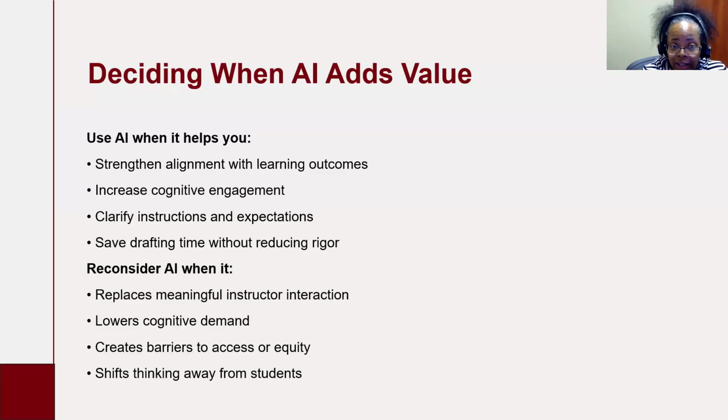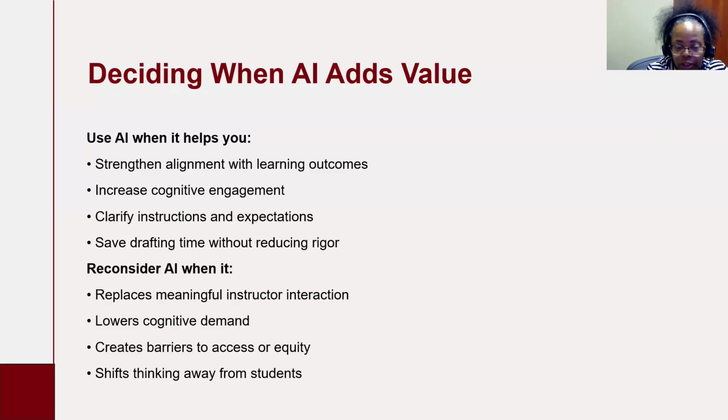But on the other side of this, reconsider AI when it begins to replace meaningful instructor engagement, interaction with your students. Active learning depends on facilitation, feedback, and presence. So we should also reconsider it when it lowers cognitive demand.